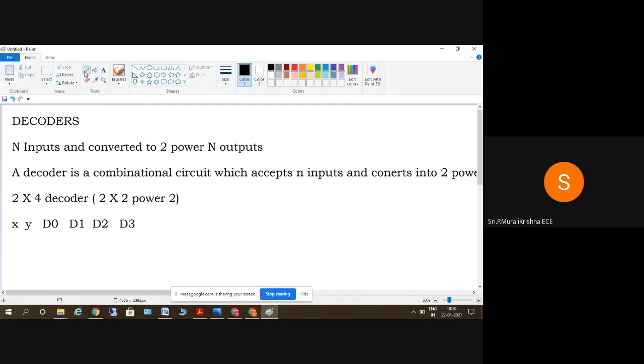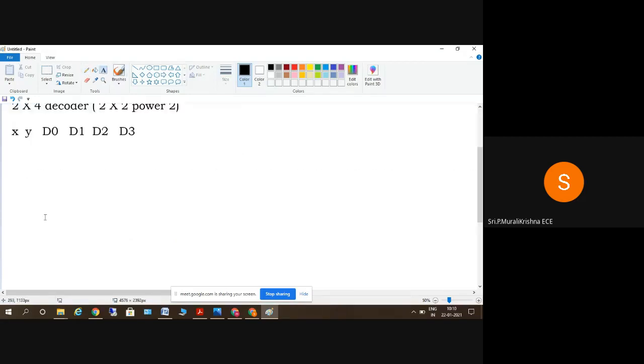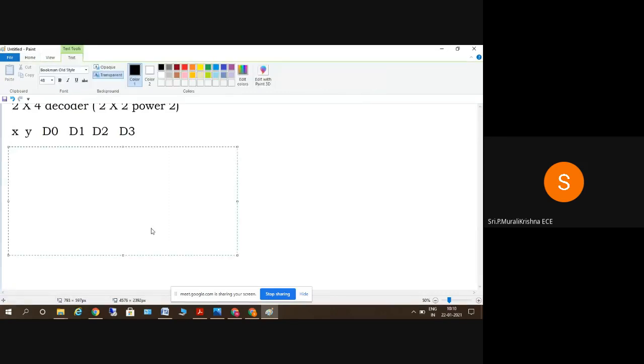So these are the inputs and these are the outputs. With two inputs, the combinations are 0 0, 0 1, 1 0, 1 1.